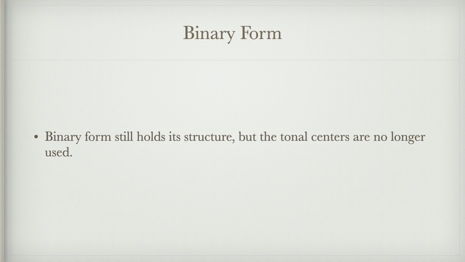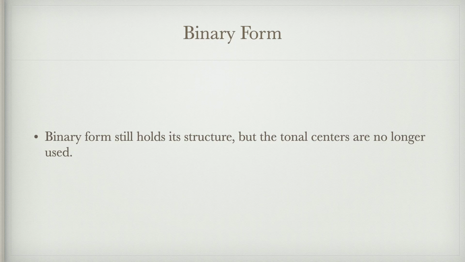So binary form is essentially a two-part form, and really that's all you need to know for the 20th and 21st century. The concept of binary form stays the same. So it still holds its basic structure, but the tonal centers are no longer used.